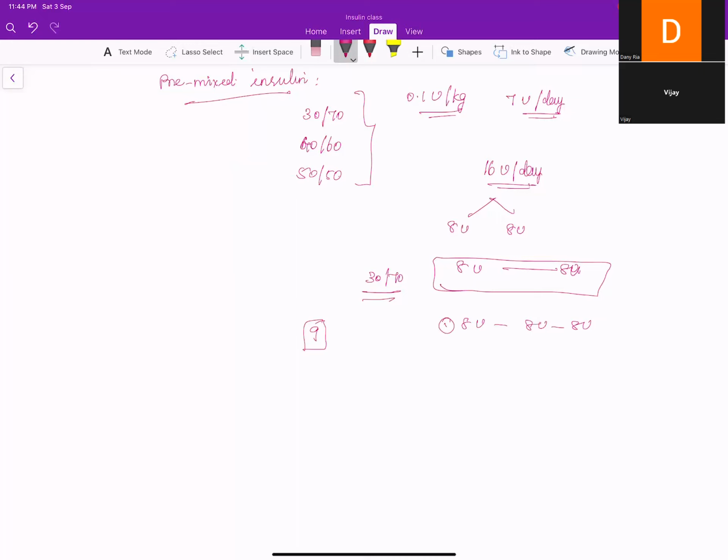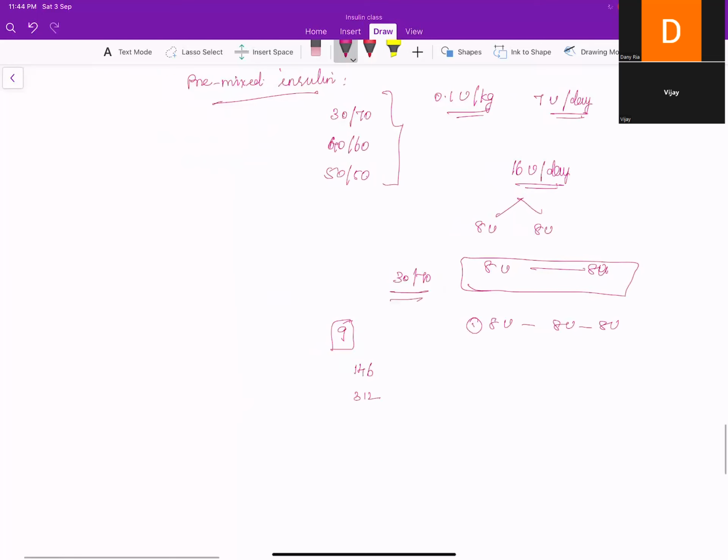Another simple thing is you have to see the sugar values. For example, fasting is 146, target, pre-lunch is 312, or 2 hours postprandial. Similarly, in the evening time also it is around 260. So fasting is under control, whereas following every meal it is increased.